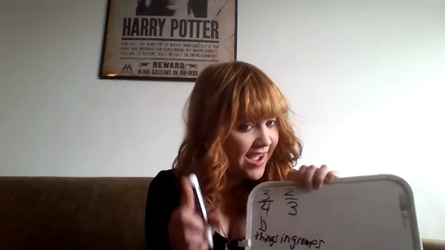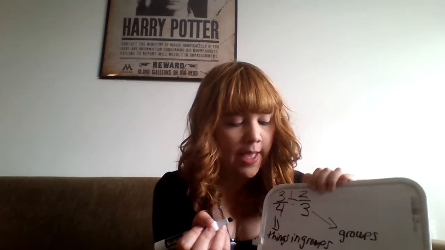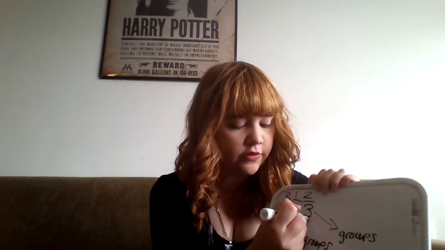So if we take that 3/4 of a pan of brownies, which are our things in our groups, and we divide, and you'll see why in a second, if we divide that pan of brownies into the 2/3 of our class, which are our groups, then we'll be able to find out, based on that information, how much we need to feed our entire class. So that's how many things will be in a whole group.